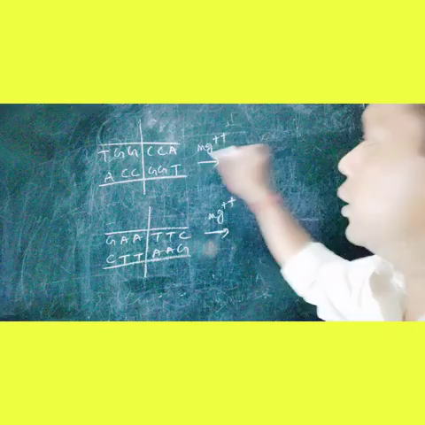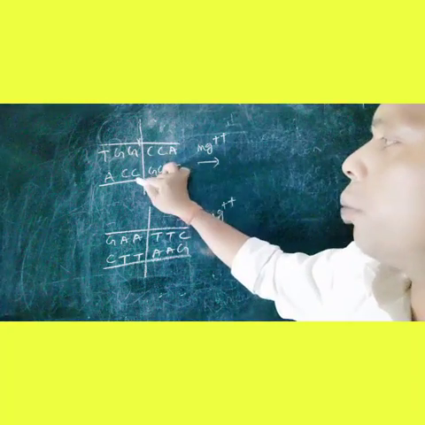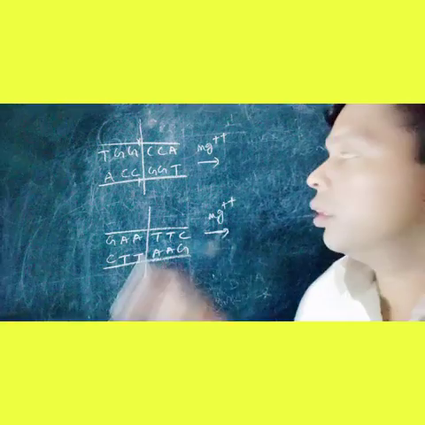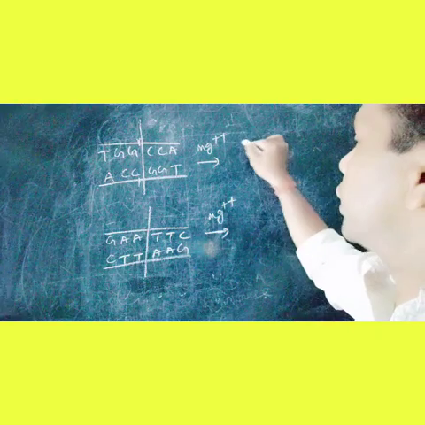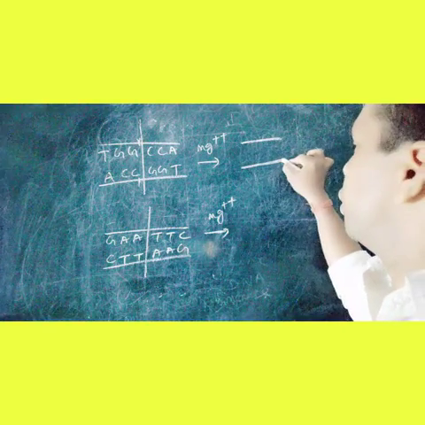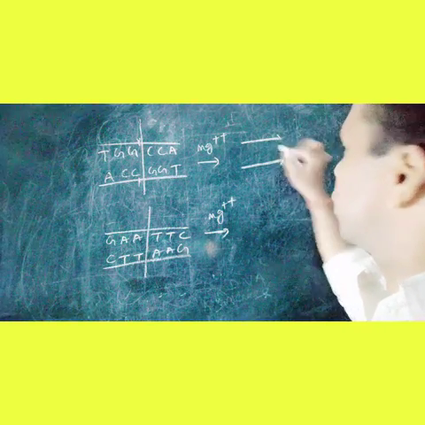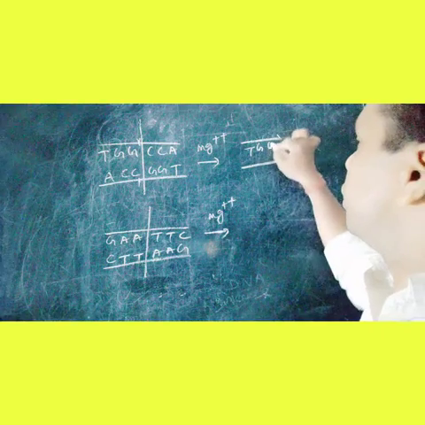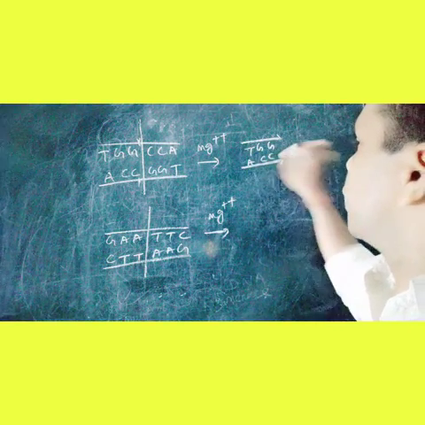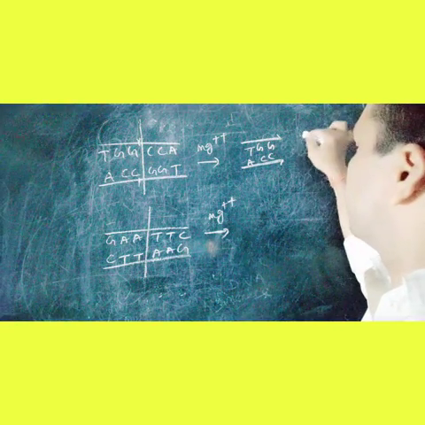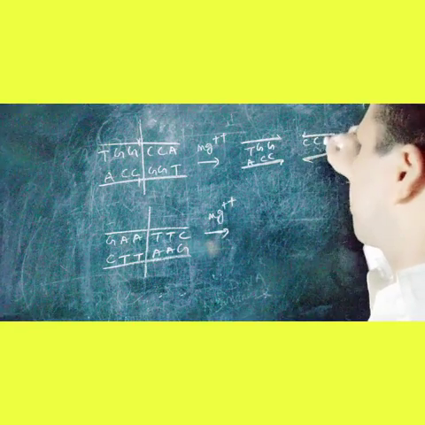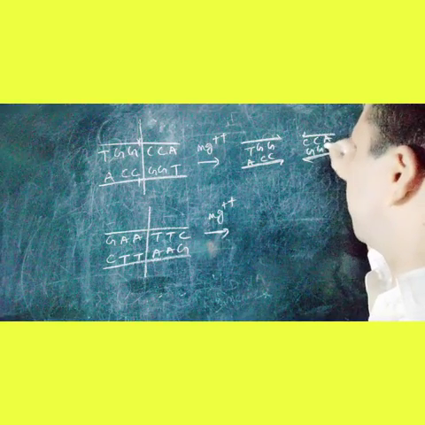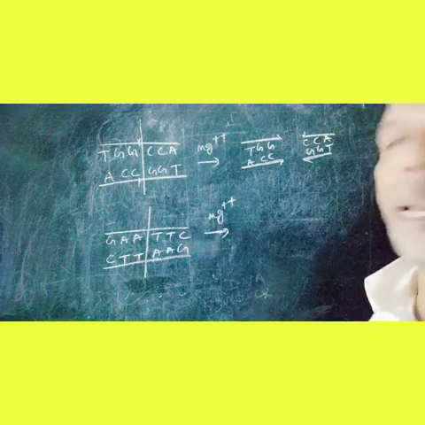When the phosphodiester bond breaks, it generates blunt ends like this: T, G, G, A, C, C and C, C, A, G, G, T. This becomes the blunt end.